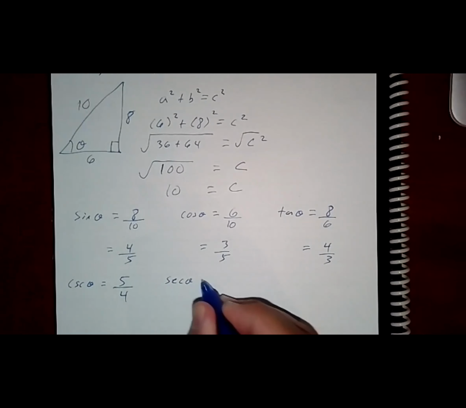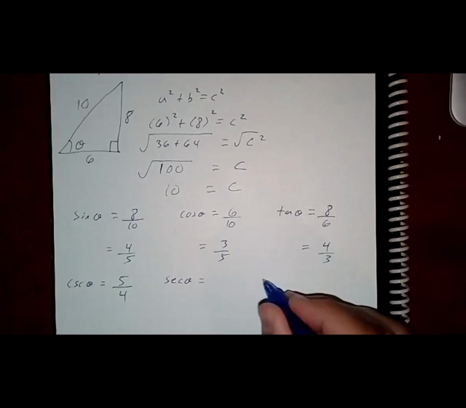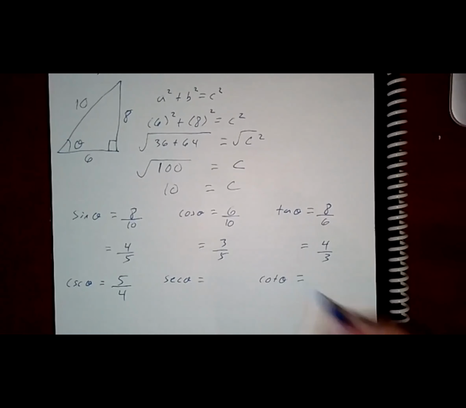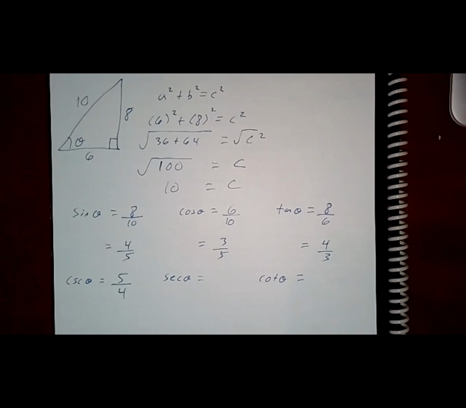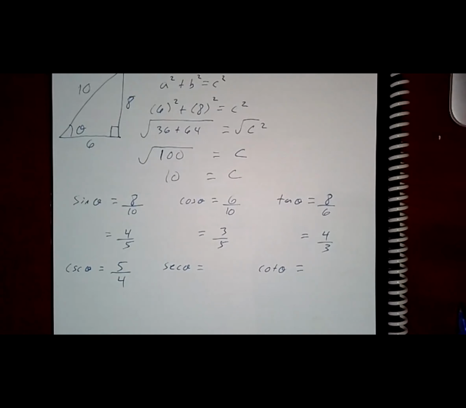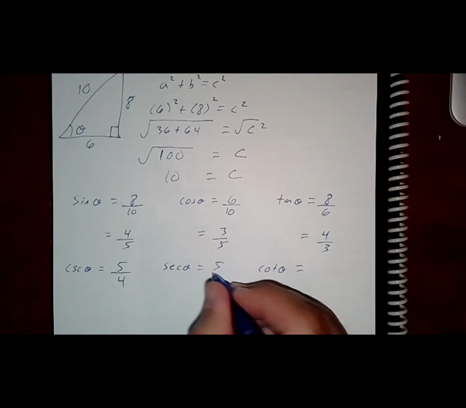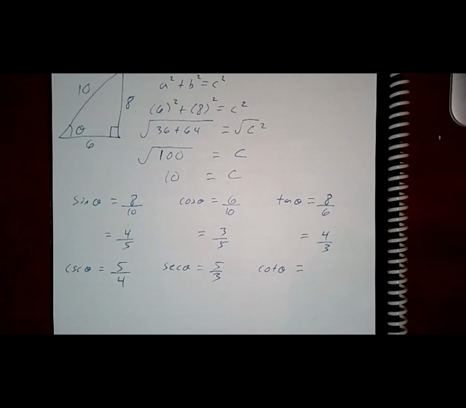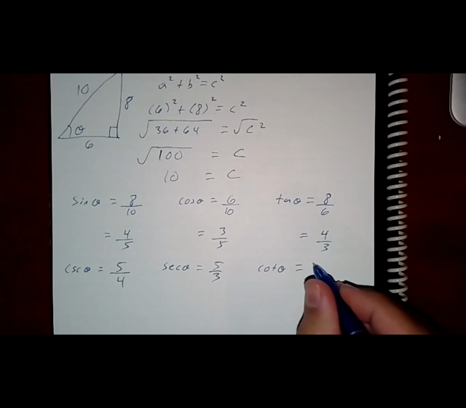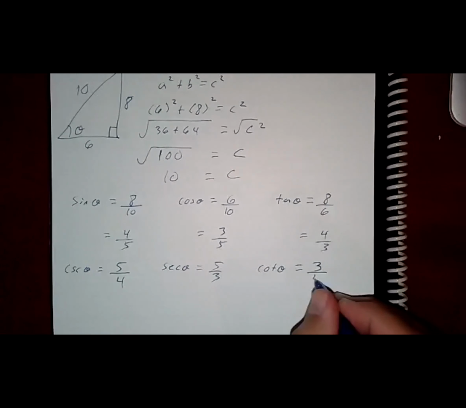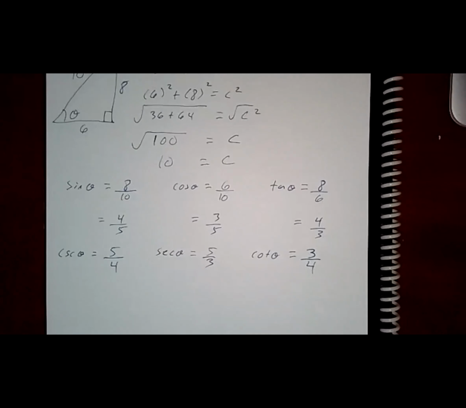Then we do secant, because that's the reciprocal of cosine, and cotangent, the reciprocal of tangent. So what is secant? 5 over 3. Yeah, 5 over 3. And cotangent, there it is. Any questions on how we found the 6 trig functions?